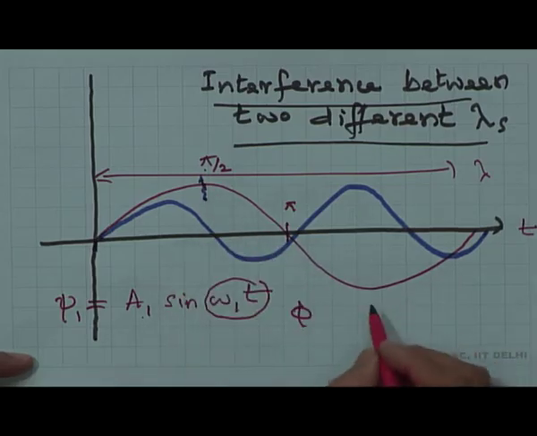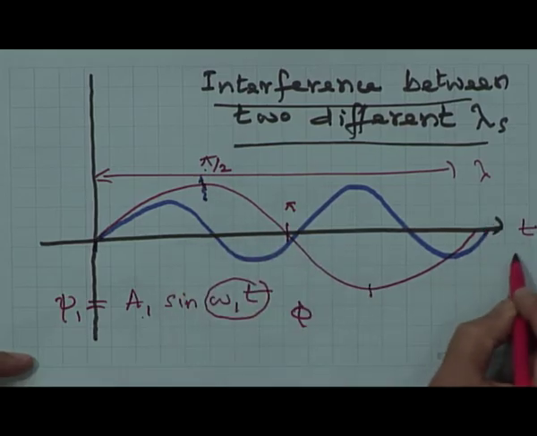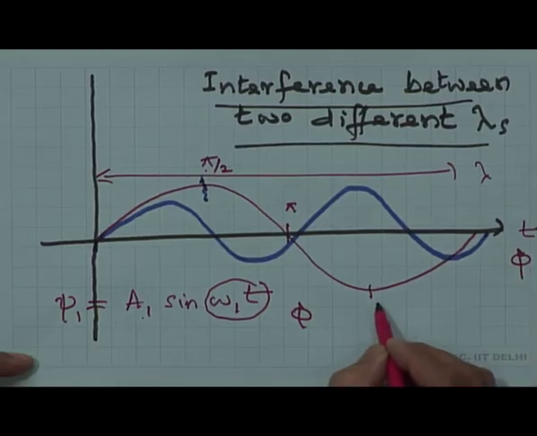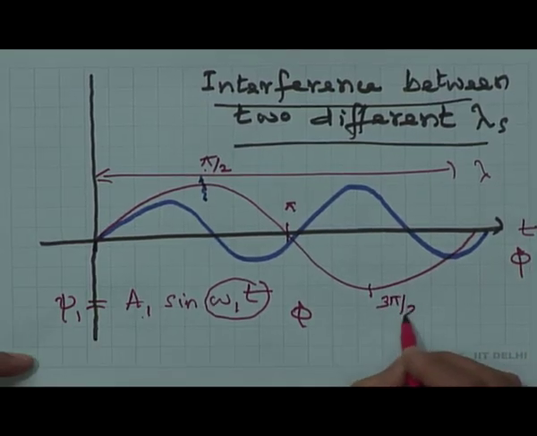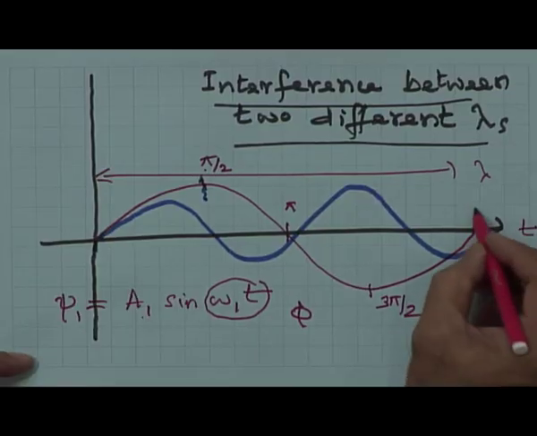So, the phase points, if I were to plot this as phi, then this would be the 3 pi by 2 point and correspondingly the 2 pi point.